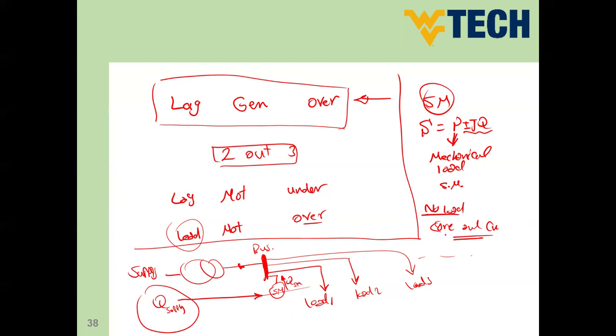Core loss is constant. Copper loss is load dependent. It depends on the amount of current you will absorb. So if you have the motor working at no load, in this case, guys, you would have smaller losses. And mostly, if the synchronous motor is a high power motor, this amount of loss is going to be very small because the efficiency of this motor is very high. Okay.